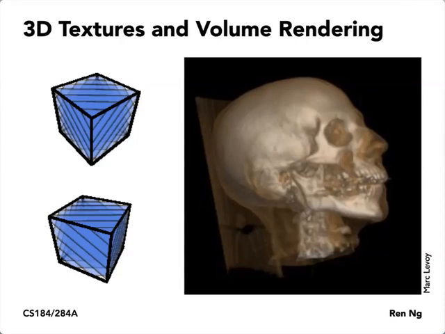Then we can calculate, using the definitions I described above, that these things are transparent, these things are solid, and these things are made out of different materials. We can shade each of these samples as they go through and accumulate them according to the transparency and build up this image volumetrically from back to front. Okay, so this is called volume rendering.